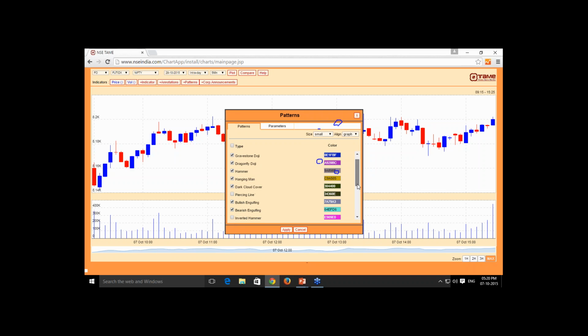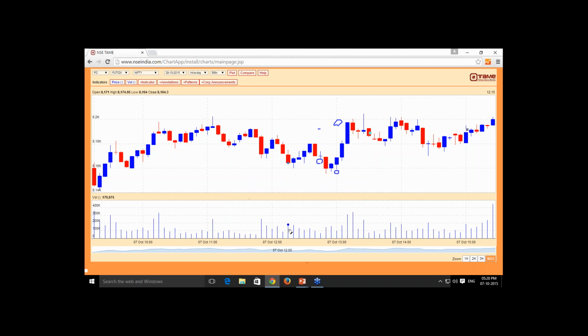If I take out those, you can see whether this pattern has formed. Here, bearish engulfing has formed, that's it. Similarly you can find out whenever these patterns have formed.